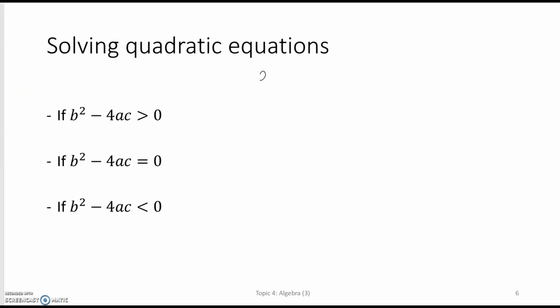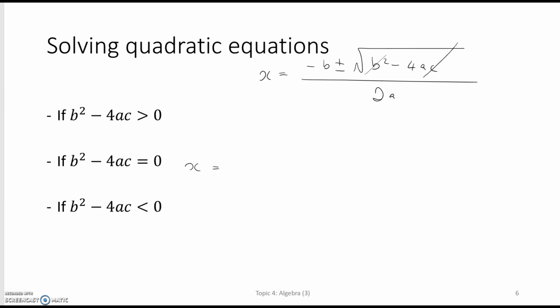So we've got the formula x equals negative b plus or minus the square root of b squared minus 4ac, all over 2a. If this bit under the square root sign is 0, then x is equal to negative b over 2a.